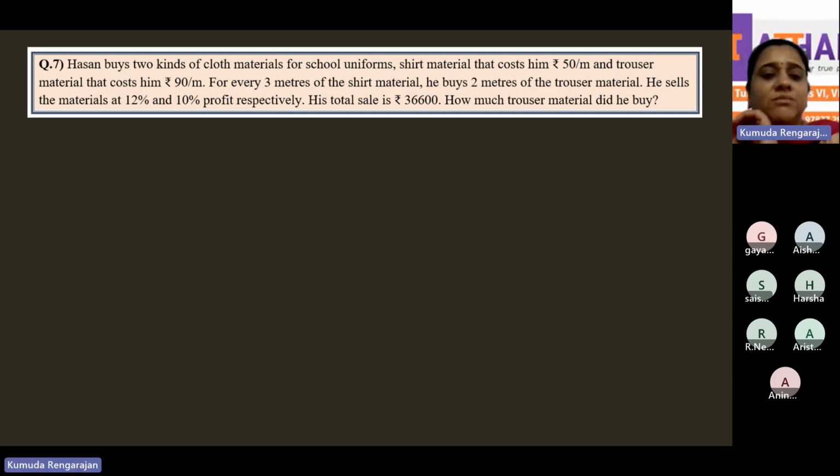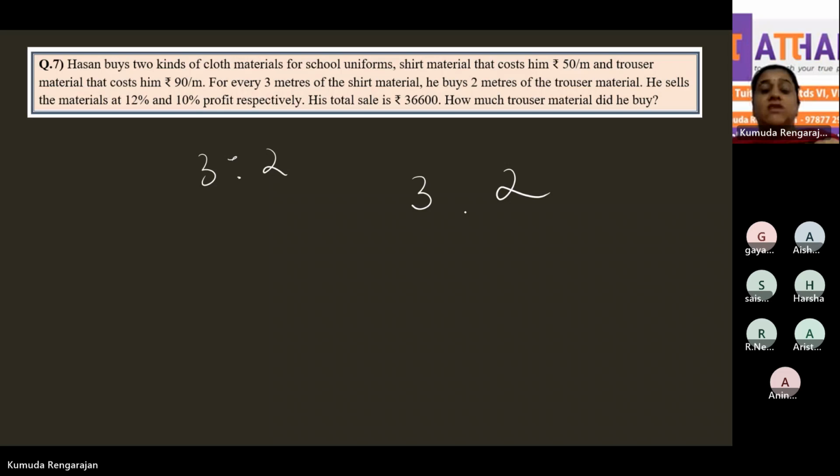For every 3 meters of the shirt material, he buys 2 meters of trouser material. So that means the ratio between the shirt material and trouser material is 3:2. For every 3 meters of shirt material, he buys 2 meters of trouser material.